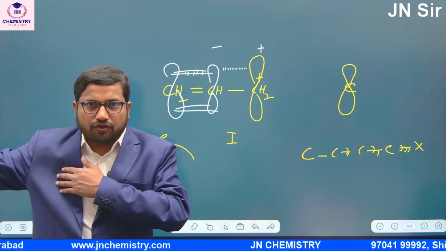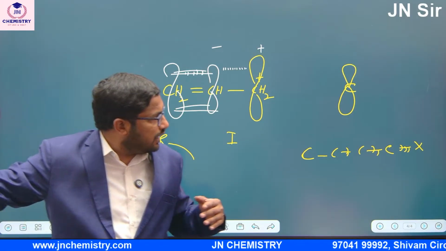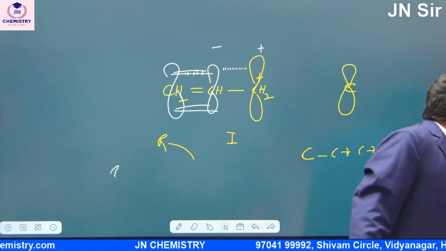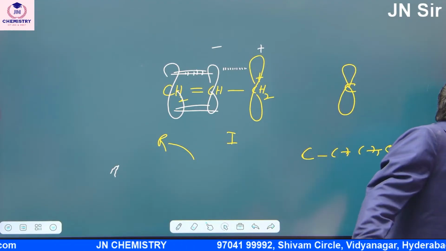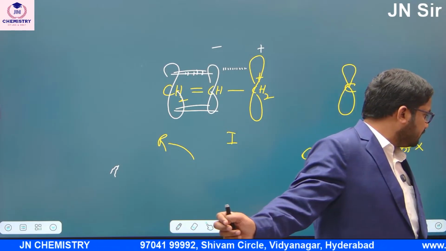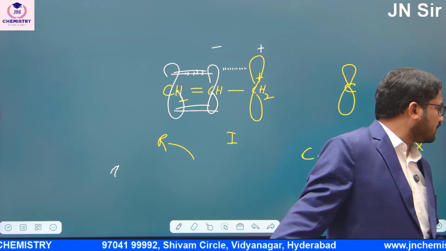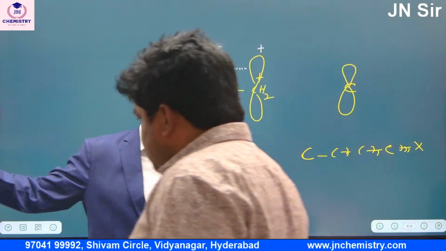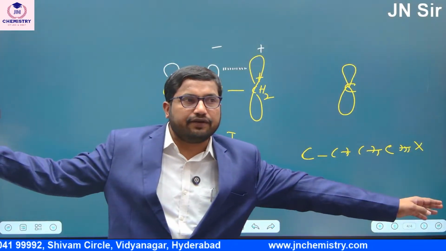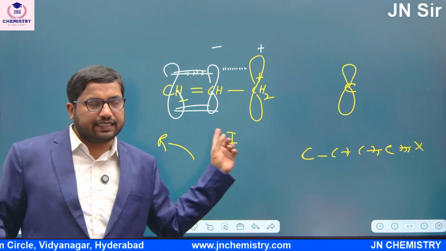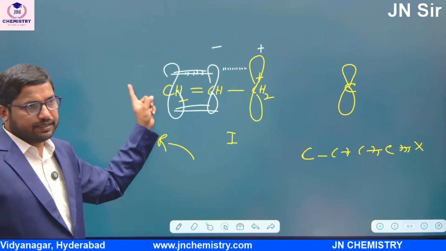For example, I am strong on this side, right? I am just moving this side. So if the bond is moving this side, automatically what exactly happens? It weakens, right? This is exactly what happens.